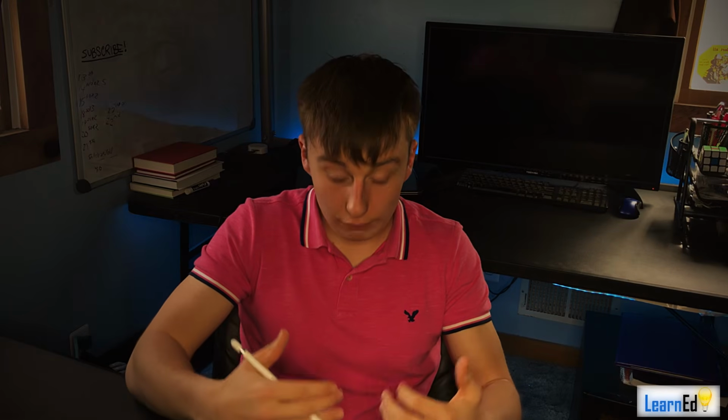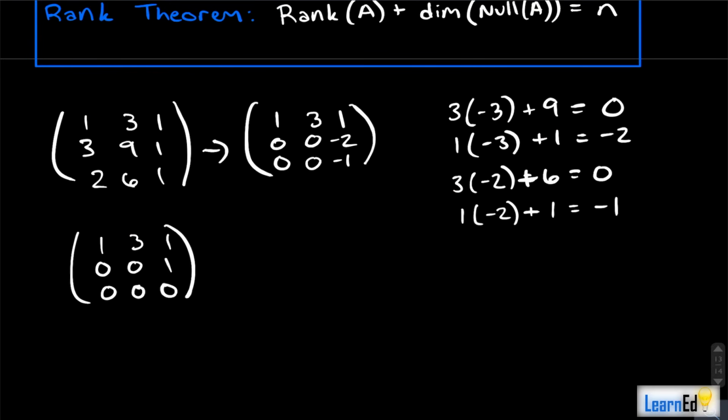If it's row equivalent to your final matrix, which it is in this case, that means we can use this as a basis as well, and it's fine. It's the same thing.